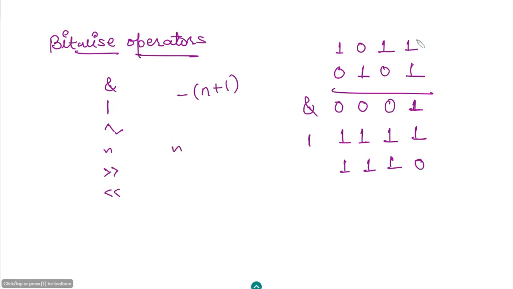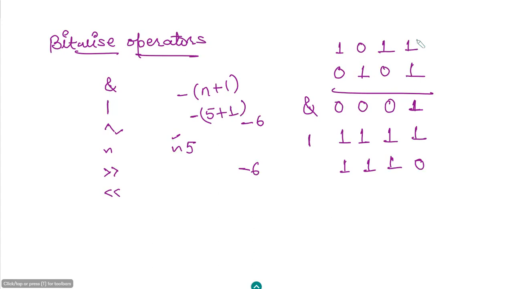If I say complement 5, put the 5 in place of n. Now n is 5 and 5 plus 1, and put the minus sign outside the parenthesis. Now it will be minus 6. The answer will be minus 6 when you apply this operator.